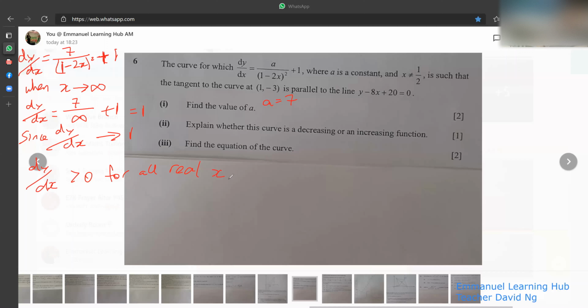You have to understand what I'm writing here. Because the rate of change, the gradient, is approaching 1. So your dy/dx is greater than 0 for all real values of x.